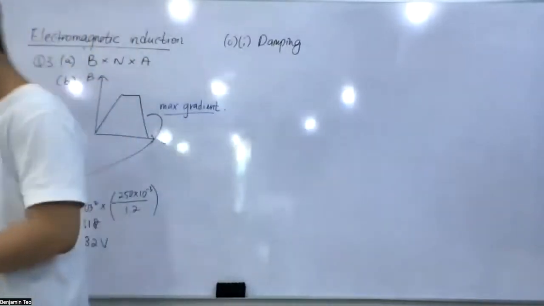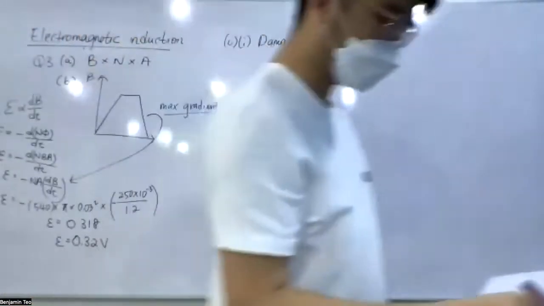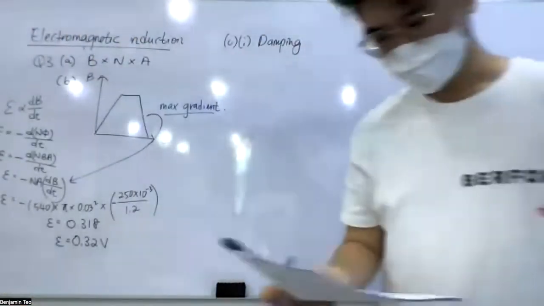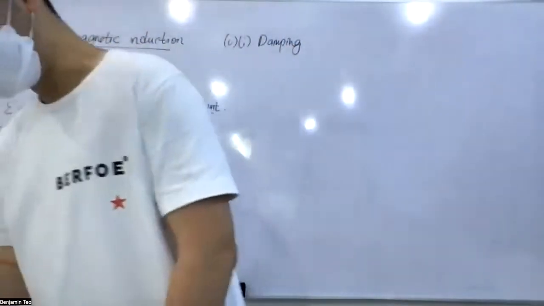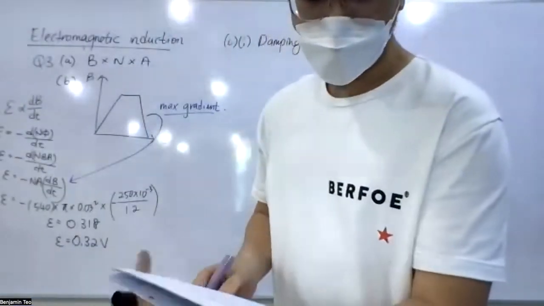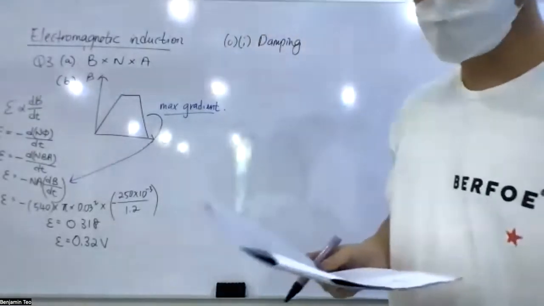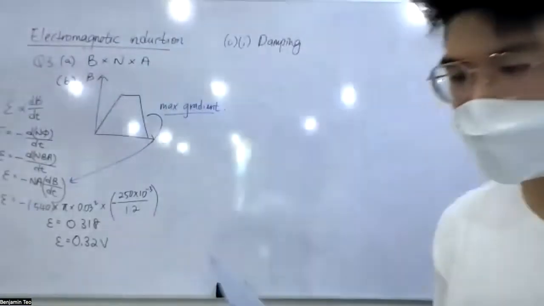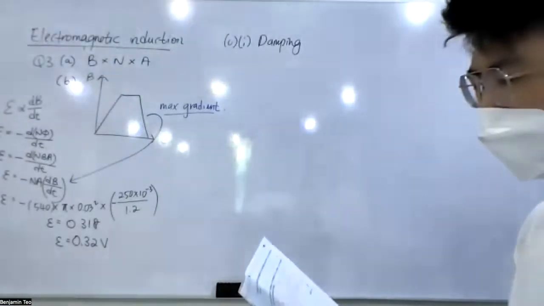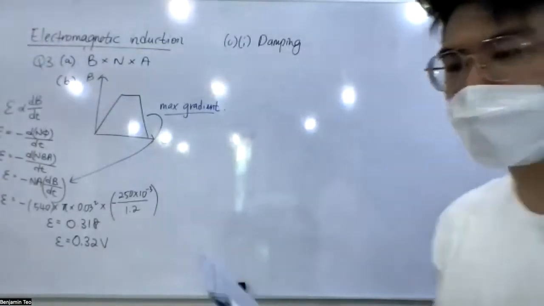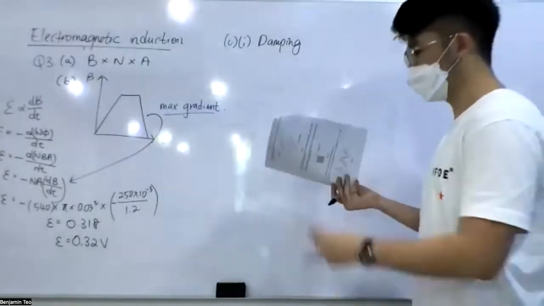The reduction in the amplitude is for the dashed line, but then the solid line, there's no reduction. Then they ask, deduce which copper sheet is represented by the dashed line. Is it X is the dashed line or is it Y? Explain your answer using principles of electromagnetic induction.